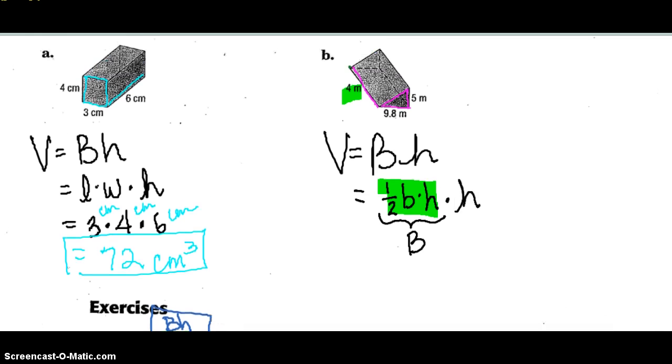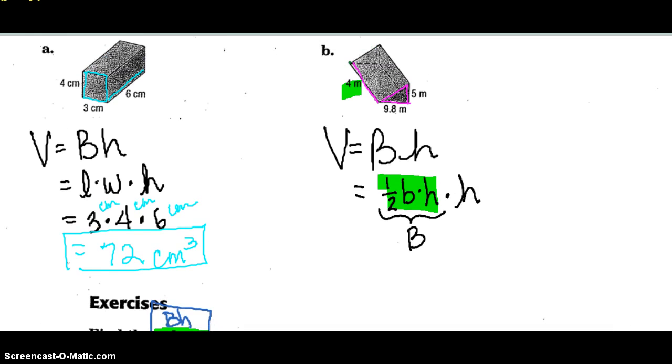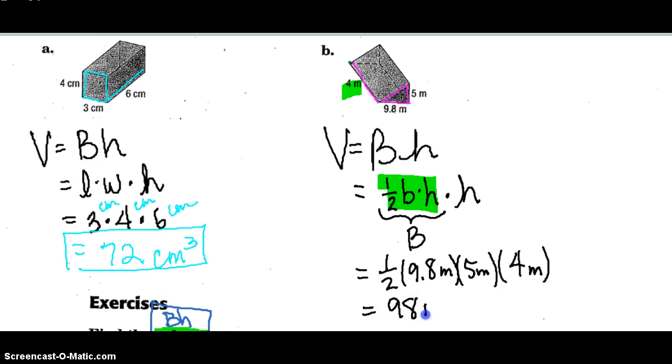So as I plug my numbers in, I'll have 1/2 times 9.8 meters times 5 meters, that times the 4-meter height of the prism. And when I punch that in my calculator, I get 98 meters cubed. So that is my volume for that triangular prism.